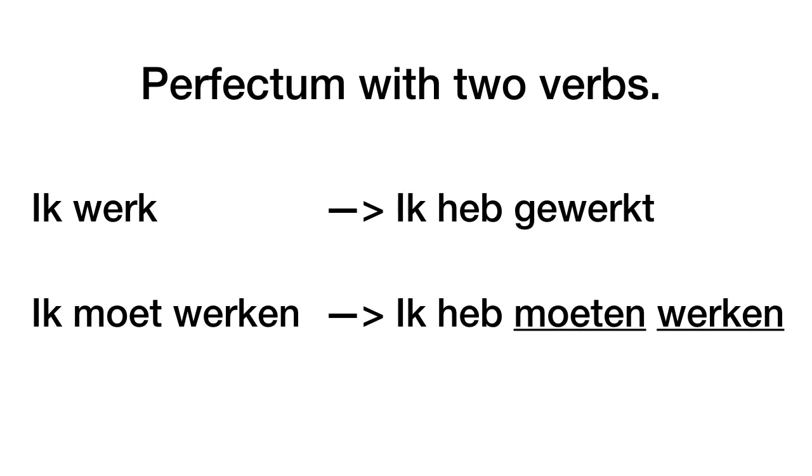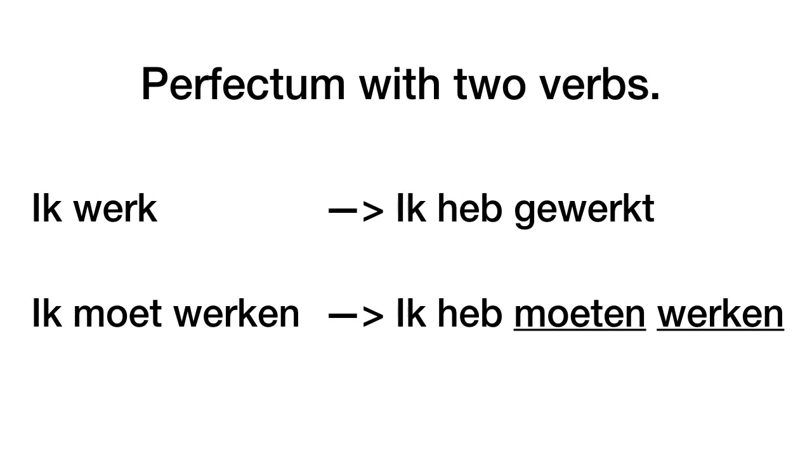If you have a sentence with an auxiliary verb in the present tense, the 2 verbs, in this case moeten and werken, combine and form together with hebben, or with zijn in some cases, a perfectum. So you don't see that past participle that we have been working with.